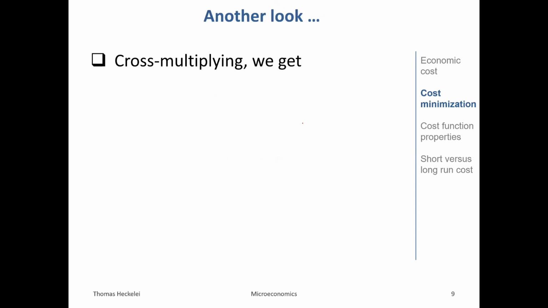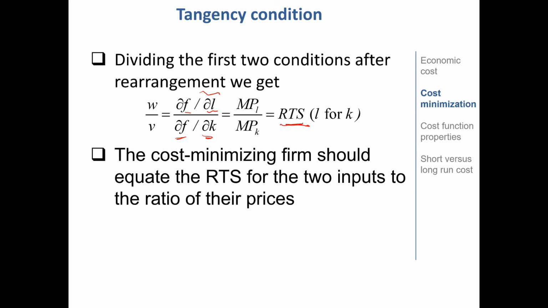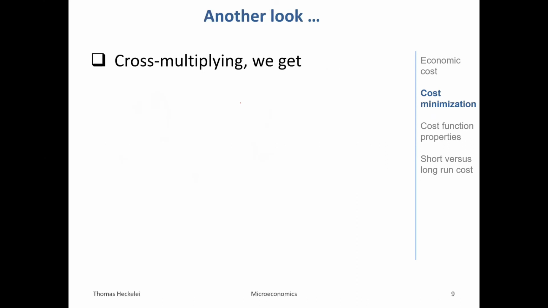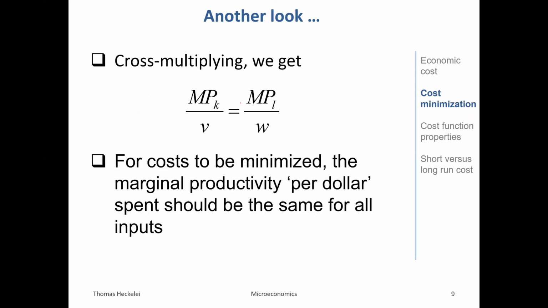We could also cross multiply this part to get the ratio MPK over V equal MPL over W. How do we understand that?